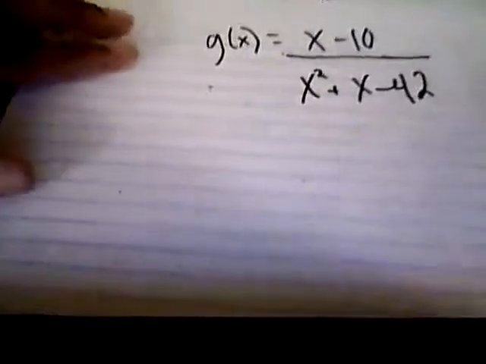This is also a fraction, so we know that the denominator cannot be 0. So first we have to set the denominator equal to 0 in order to find out what numbers x cannot be.